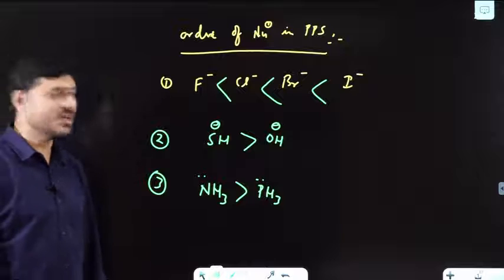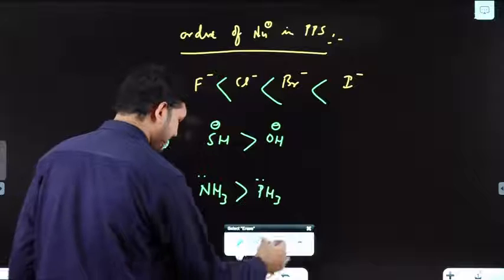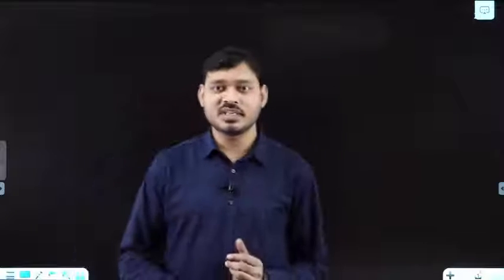Dear students, I think you have understood this part in detail. Here we discussed nucleophilicity and basicity: types of nucleophiles, type 1 negatively charged, neutral, and then pi electron donors.